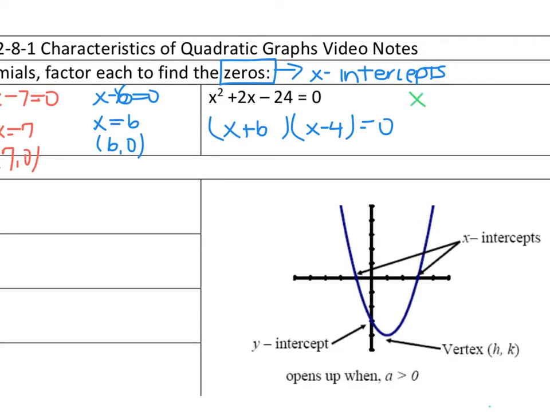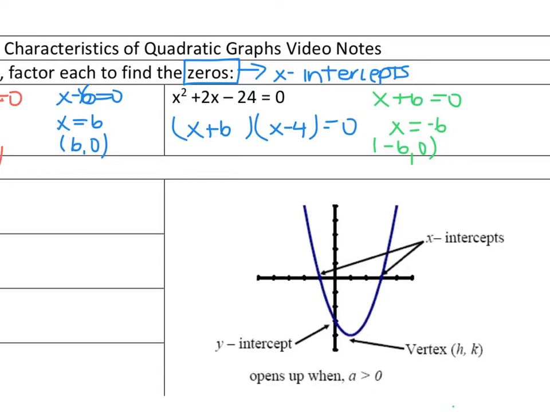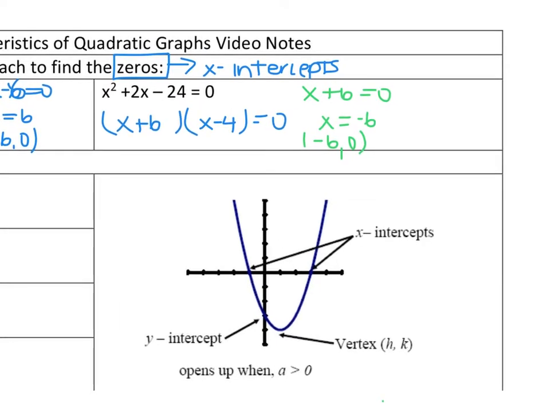Either x plus 6 has to equal 0, and that gives us negative 6, so negative 6, 0 is one solution, or one x-intercept, or x minus 4 has to equal 0. If x minus 4 equals 0, then x equals 4, so our other x-intercept is at 4, 0. So when we talk about our zeros, our solutions, our x-intercepts, this is what we're finding right here.